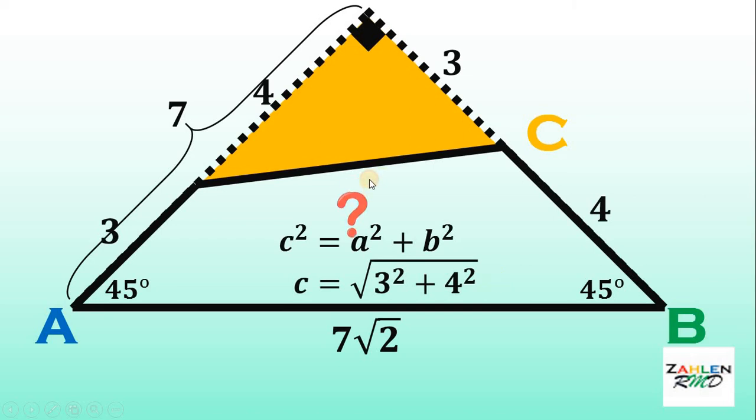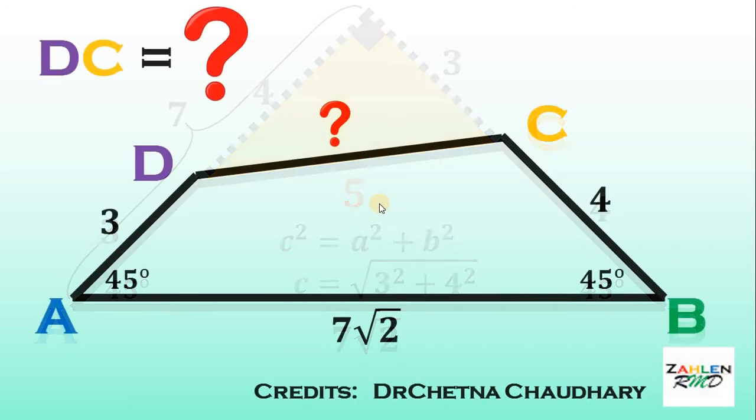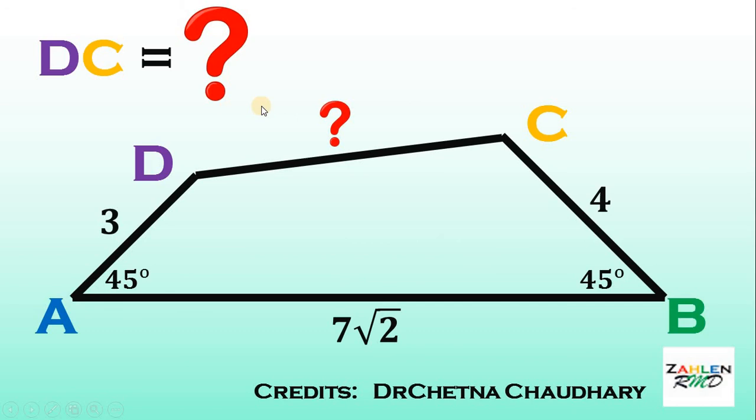Therefore, the length of the hypotenuse of this right triangle is 5 units. Or simply, if we are familiar with the 3, 4, 5 right triangle, we can easily say that the hypotenuse is 5 units. Therefore, the length of the segment DC is simply 5 units. And we're done.